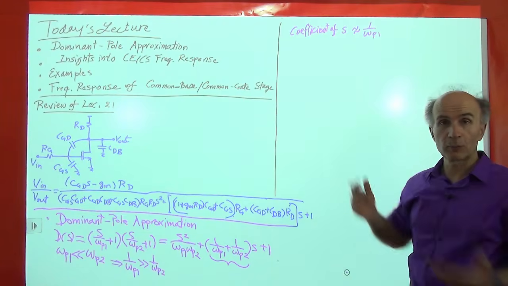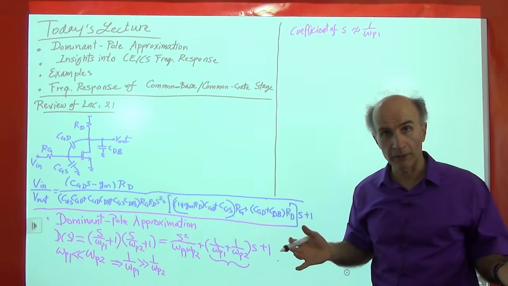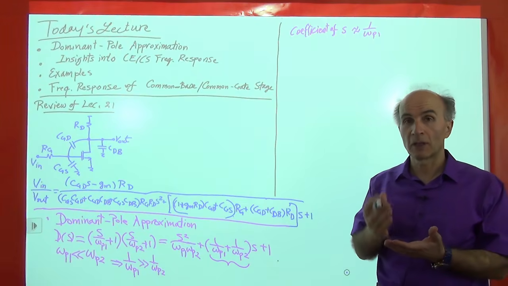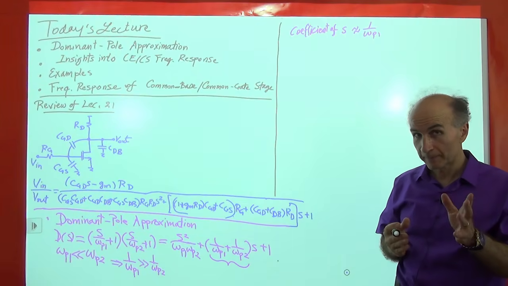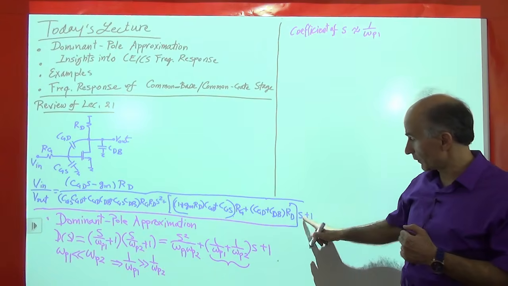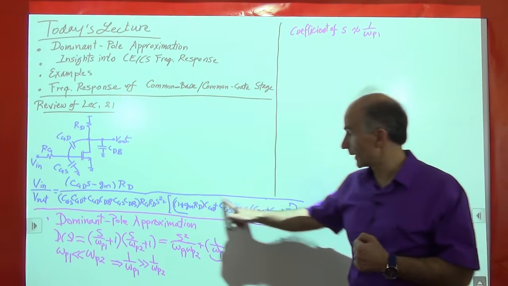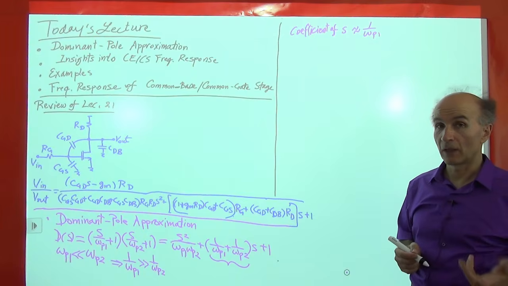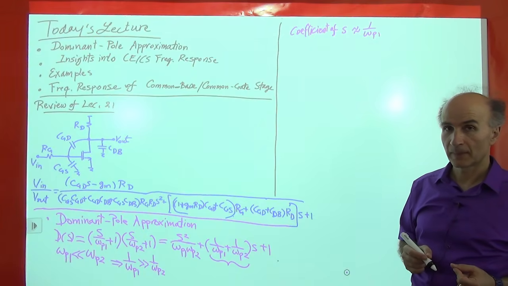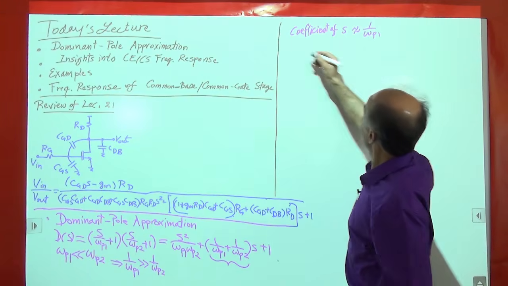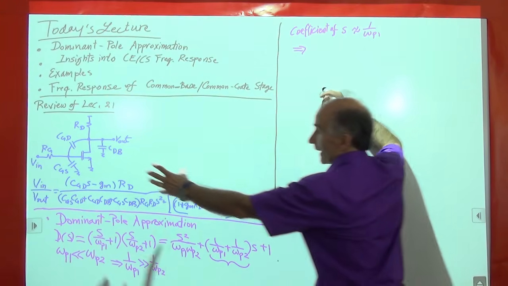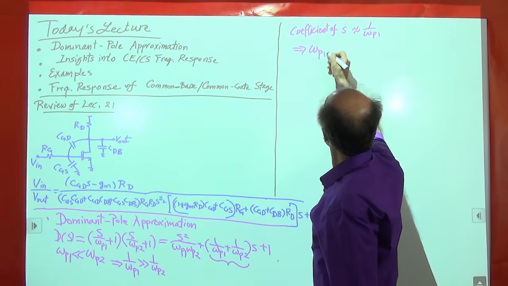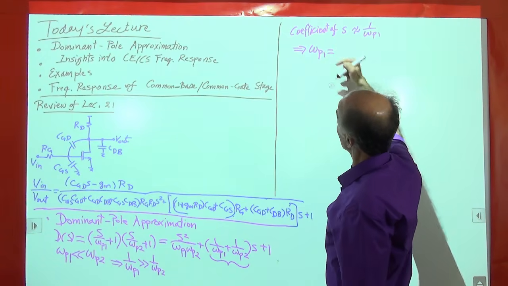So voila, that is our pole frequency, right? Inverse of the pole frequency. So if I want to find the first pole, the dominant pole of the system quickly, I can just look at the coefficient of s, this whole thing, and invert it and call that the first pole, omega p1, the dominant pole. So for the circuit at hand, the dominant pole is given by the inverse of the coefficient of s.